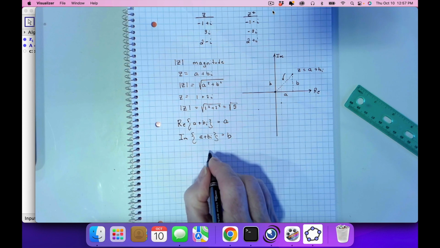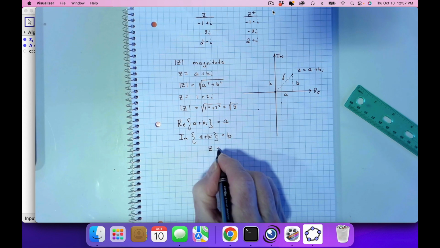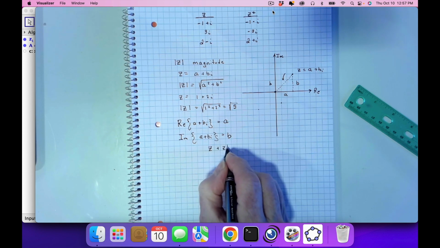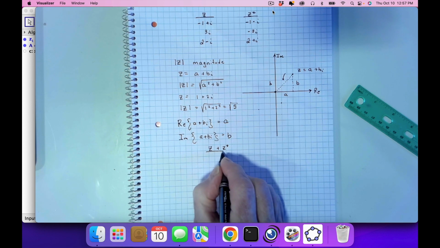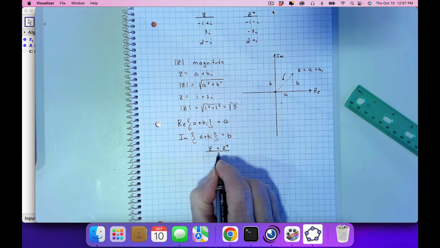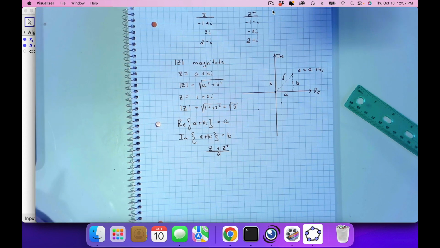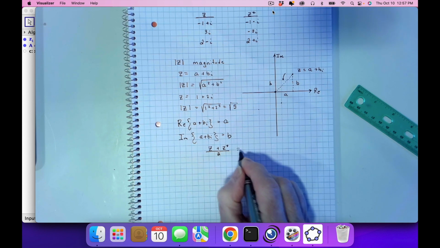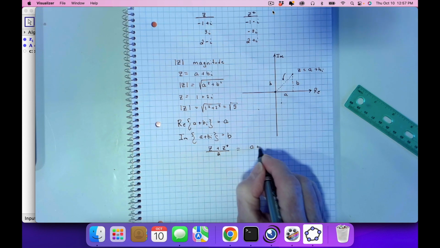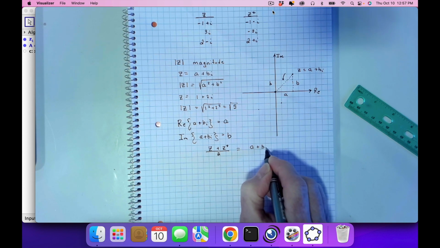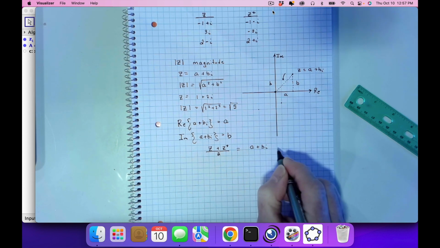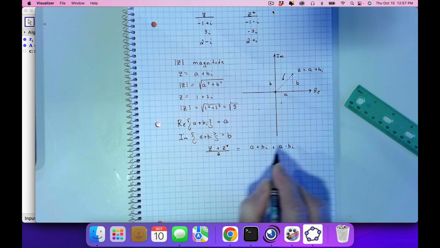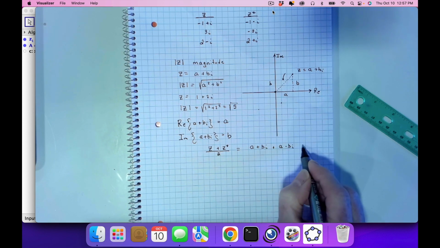And notice this, if you take a complex number, add it to its conjugate, and divide by 2. Well, to do that, we have to tell you how to add complex numbers. Let's see what we get. It's a plus bi plus a minus bi.